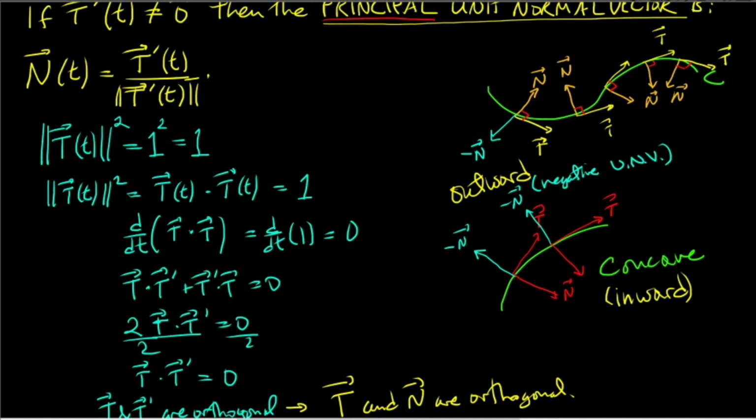Okay. So what if it's not curving? What if you just have a straight line? What if that's your r of t? Well, you can define the unit tangent vector. That's just going to be a vector of magnitude 1 pointing along the curve.